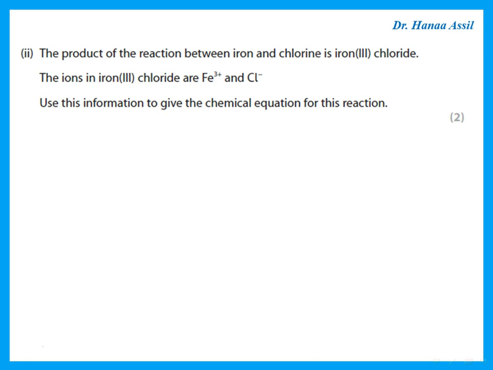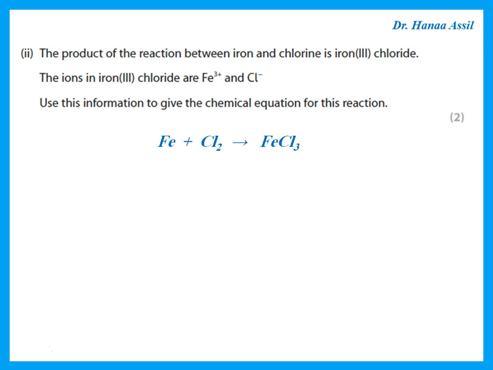The product of the reaction between iron and chlorine is iron 3 chloride. The ions in iron 3 chloride are these. Use this information to give the chemical equation for this reaction. I'm reminding you again, chemical equation means symbols, balanced. So what are we reacting? We're reacting iron with chlorine. Remember that chlorine is diatomic, so chlorine has to be Cl2 to give iron 3 chloride, and then we cannot leave it like this.